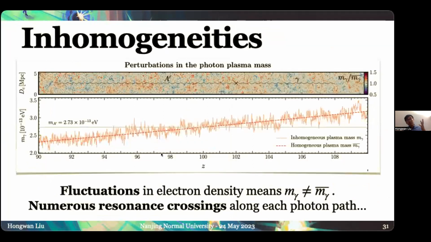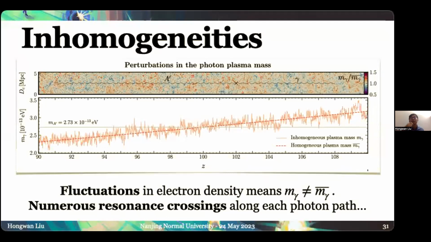Now, the previous plot that I showed you assumed that the universe was completely homogeneous, which of course is a very poor assumption. Really what happens is that every CMB photon that comes to us from the surface of last scattering travels through a universe that is very inhomogeneous. So it's going to pass through patches of different densities and also therefore patches of different plasma masses.